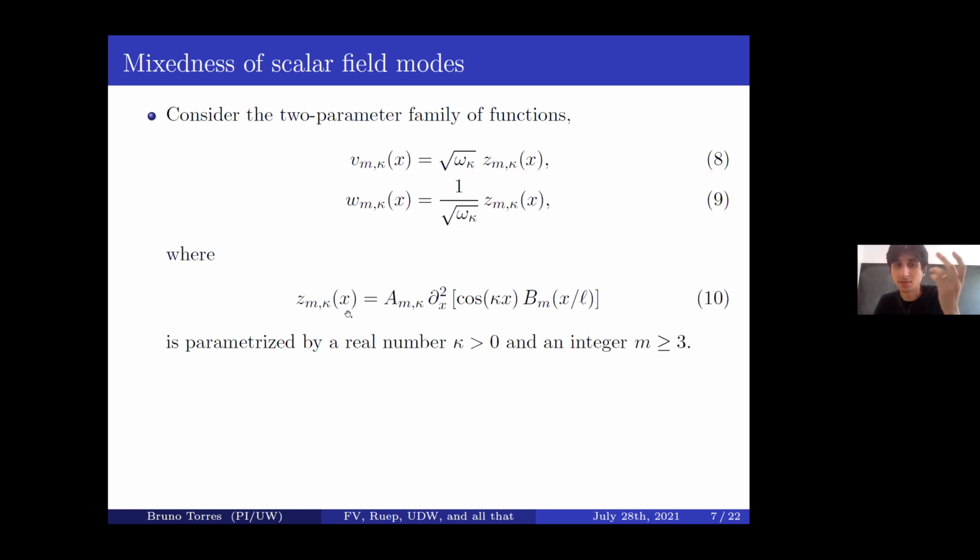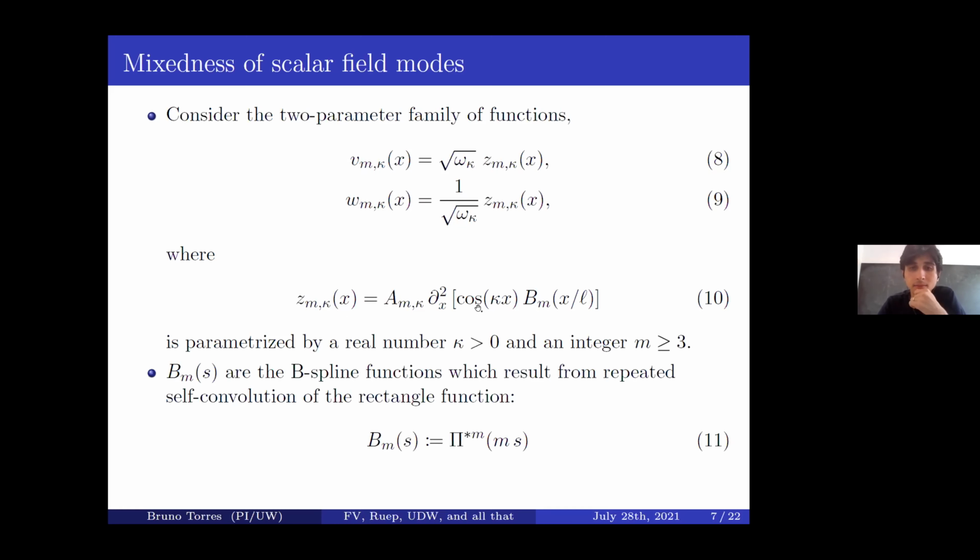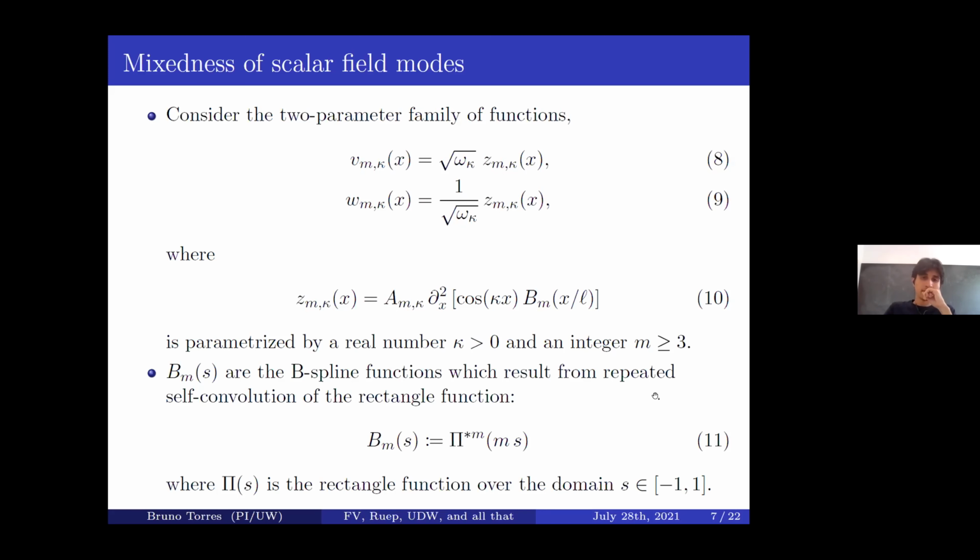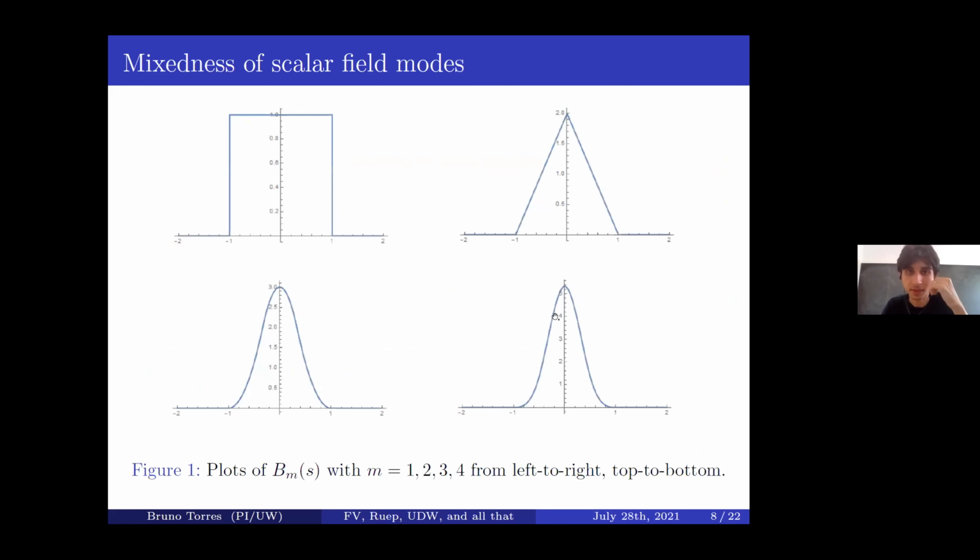There's a normalization constant that's just ensuring that z is L2 normalized, and there are 2 parameters here, this m and this kappa, and this function b here is the b-spline function, which is defined as the repeated self-convolution of the rectangle function, right? Yeah, over the domain from -1 to 1. Now this is just saying that it's defined to be supported with x from -L to L, right?